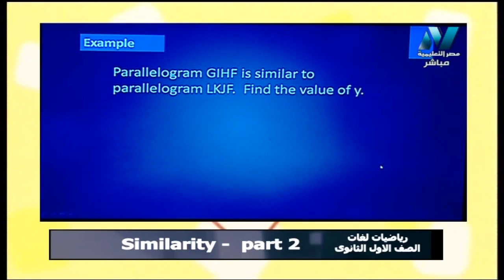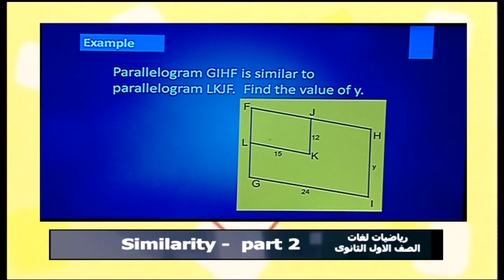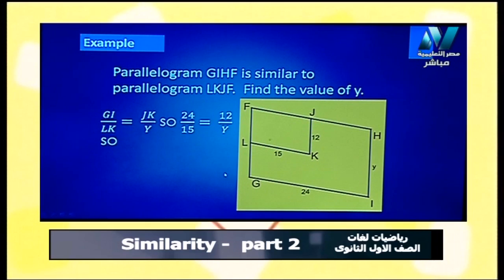We have an example here. A parallelogram GIHF is similar to a parallelogram LKJF. Find the value of y. We have the two parallelograms here, the big one and the small one. We have GI over LK equals JK over y.